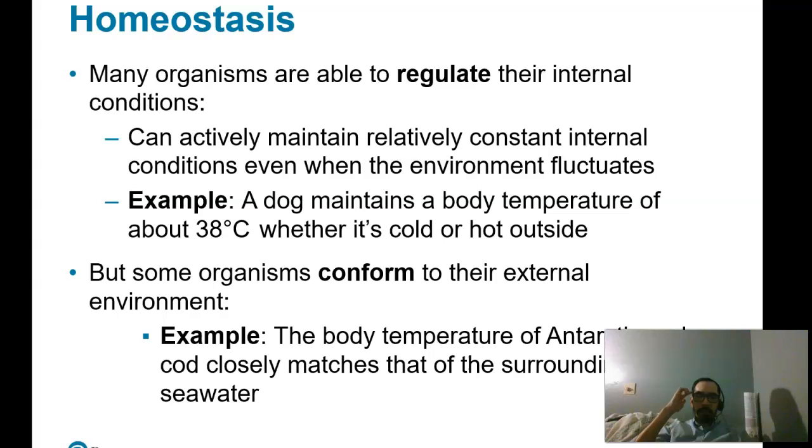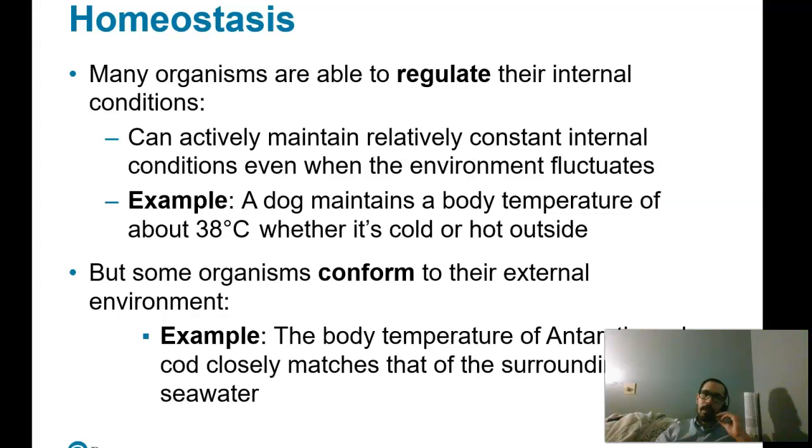And then there are other organisms that conform to their external environment. For example, the body temperature of an Antarctic fish called the rock cod closely matches that of the surrounding seawater. This is just an adaptation, because if it did try to keep a constant body temperature that was higher than the seawater, it would require too much energy.